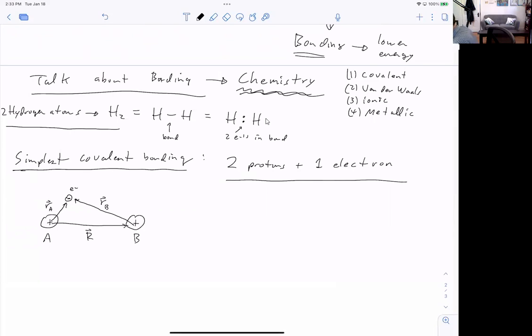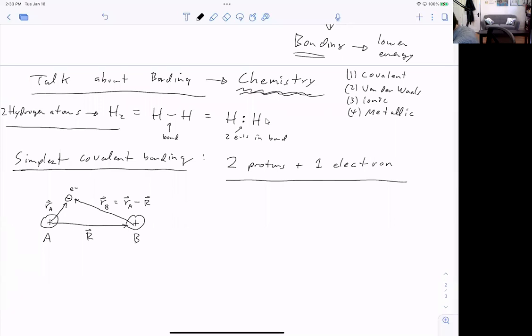And of course, these are not independent variables because we know that RB is equal to RA minus R. So if you know RA and R, big R, then you know RB. But the point is that we have 1 electron which is shared between these 2 different nuclei.